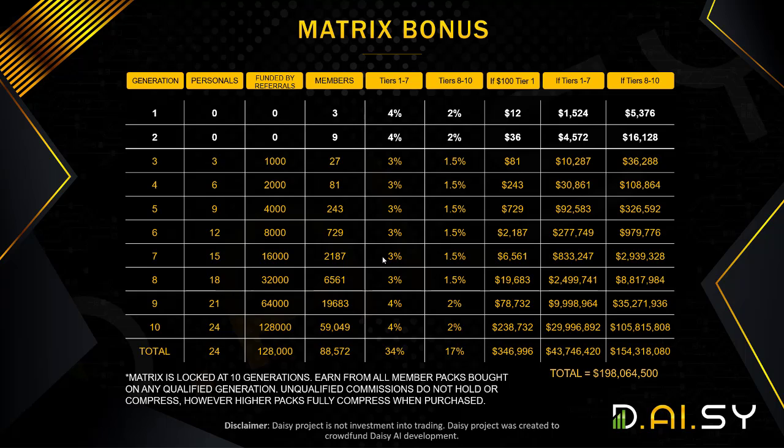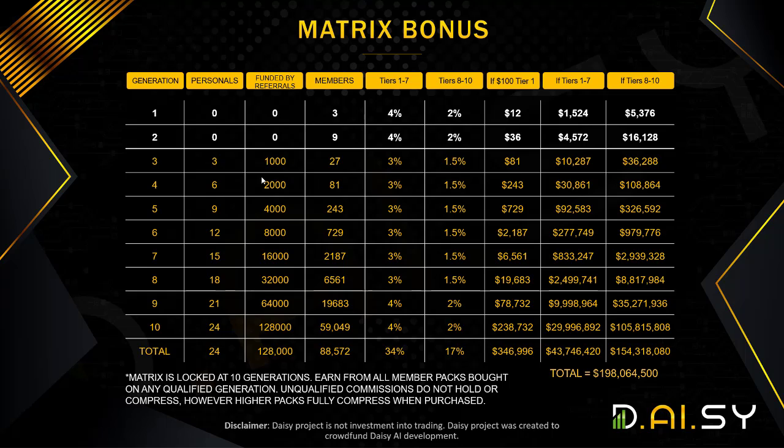Right now, we were notified of a very special thing that they've built into the smart contract of the D.AI.SY crowdfunding system. When you join D.AI.SY, in the first 48 hours after you join, you can benefit from all 10 generations, even if you're not qualified.